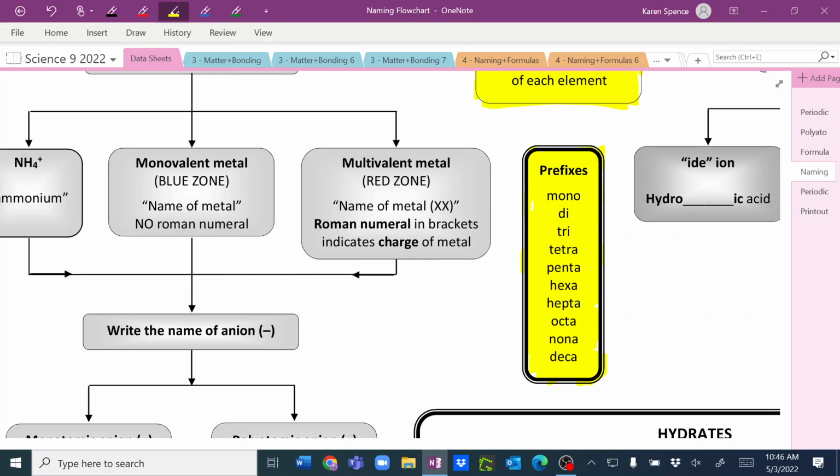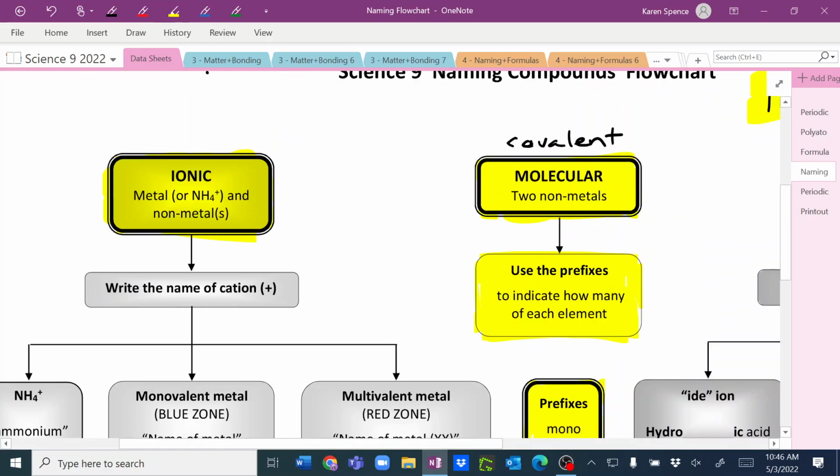What kind of compound uses the prefixes?